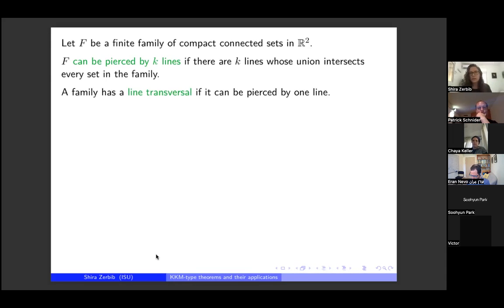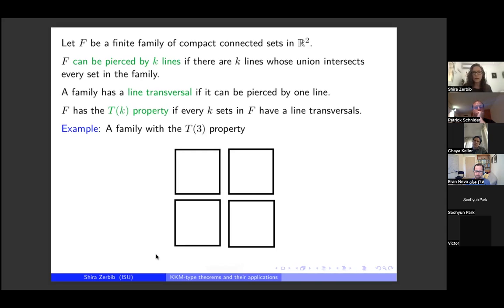And we will also say that the family has a line transversal if it can be pierced by one line. And we say that F has the Tk property for some integer k if whenever I pick k sets in F, I find a line transversal for these k sets.